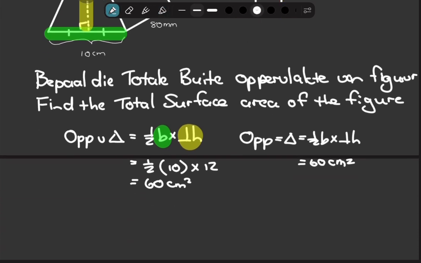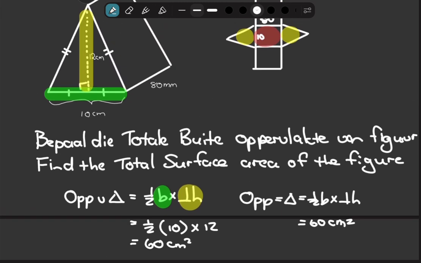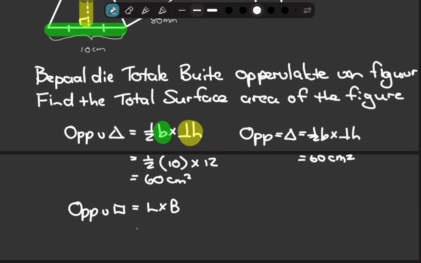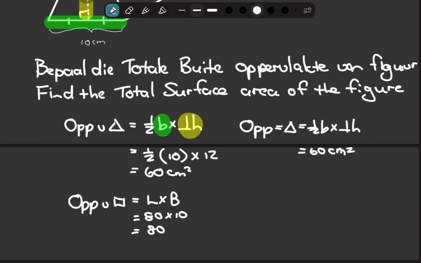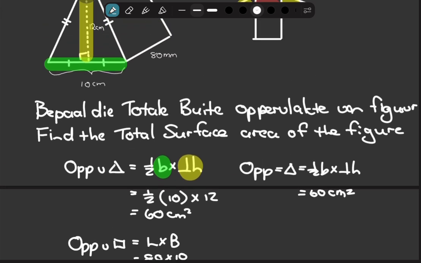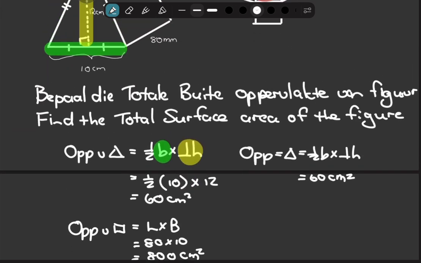Die oppervlakte van die reghoek. Oppervlak van die reghoek is gelyk aan lengte maal breedte. So it's length times width or breadth. So it's 80 times 10. That will give me 800. 800 square centimeters, né? Ja, alles lyk reg op die oomblik.